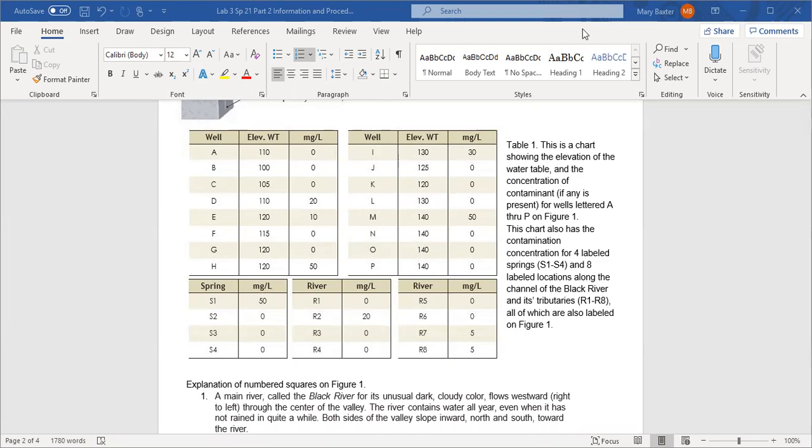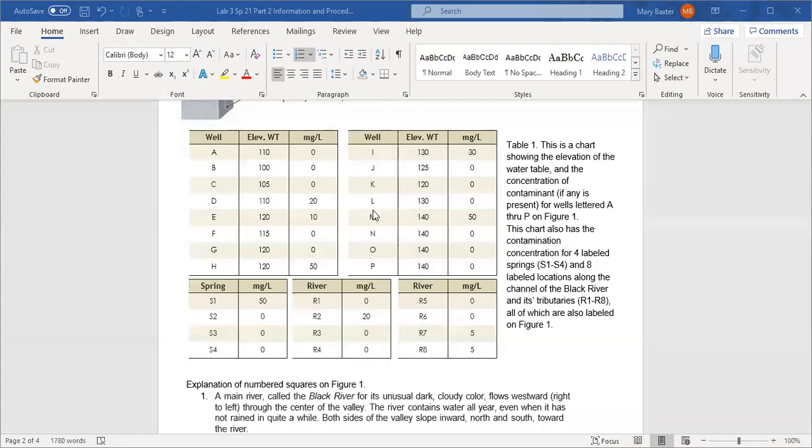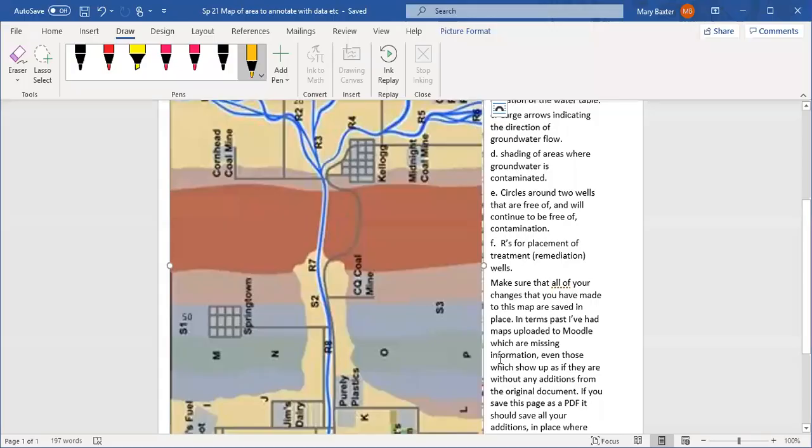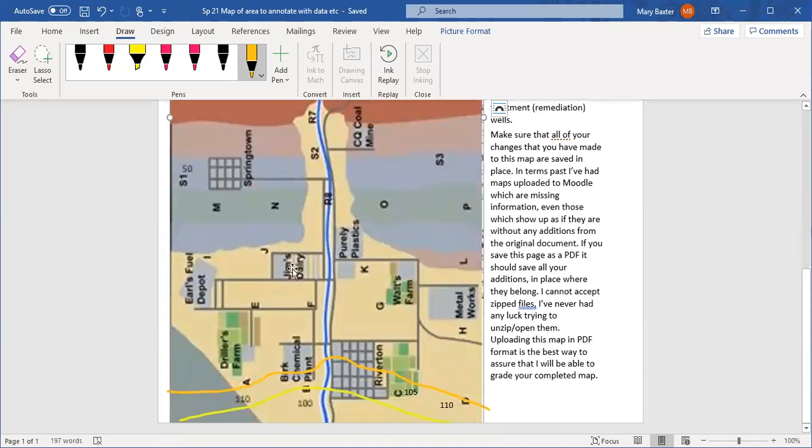Okay, so as an example of that, let me go back there and get that number in my head better. Okay, so like well D had 20 milligrams per liter detected. So here's well D down here in the west.